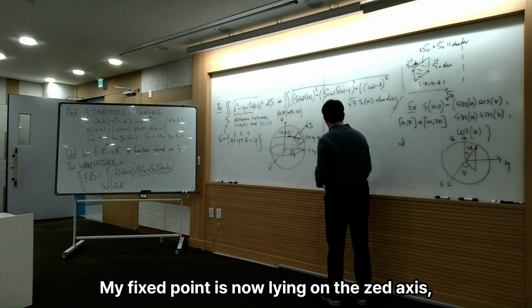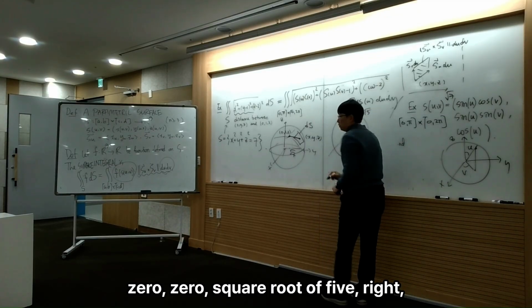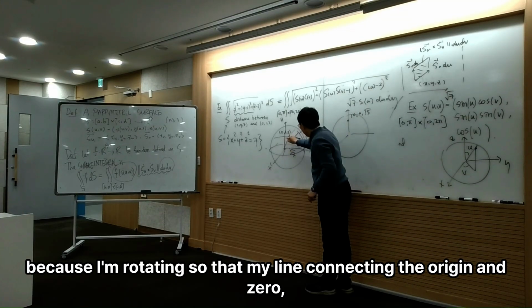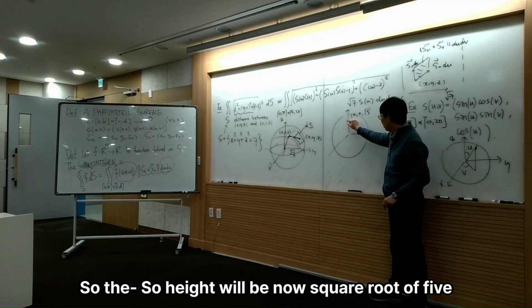My fixed point is now lying on the z-axis, 0, 0, square root of 5, right? Because I'm rotating so that the line connecting the origin and 0, 1, 2 lies on the z-axis. So the height will now be square root of 5.